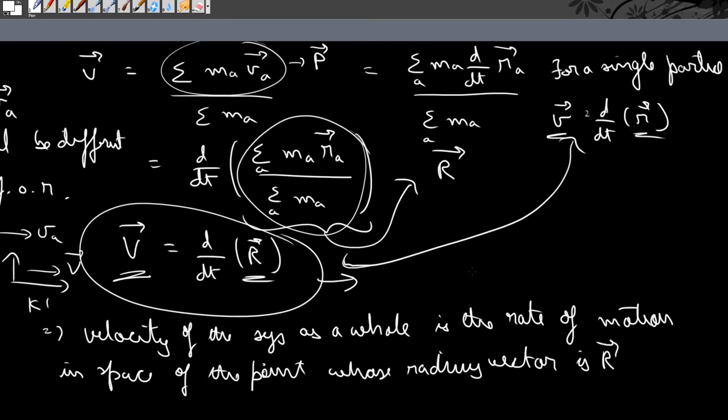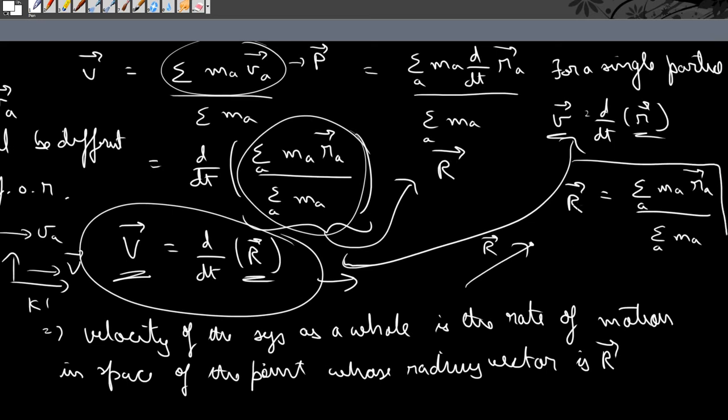So this is same as if there was a single particle whose position vector is given by capital R, and that R is given by summation over a of m_a r_a divided by summation over a of m_a.